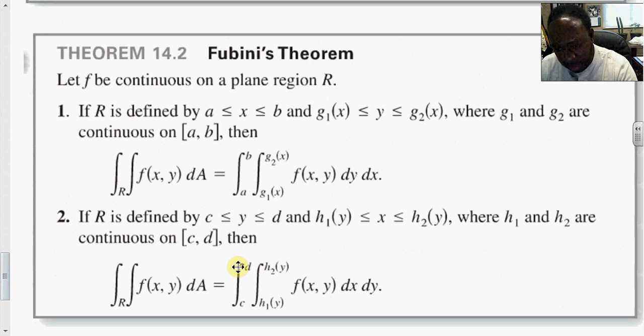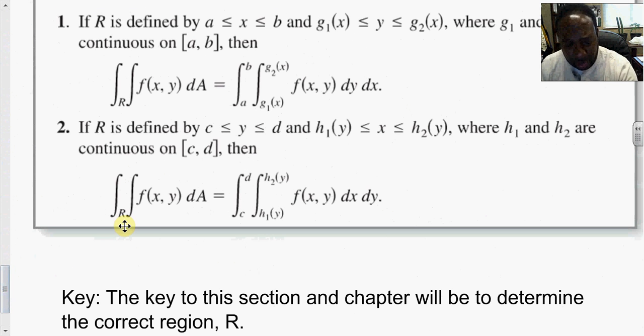Likewise, if it's horizontally simple, y is bounded by c and d, horizontal lines, and then x is bounded to the left by h sub 1 of y and to the right by h sub 2 of y. h1, h2 are continuous. Likewise, f is continuous on the interval from c to d with respect to y. You can compute the double integral using the endpoints.